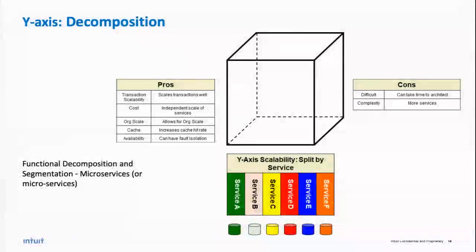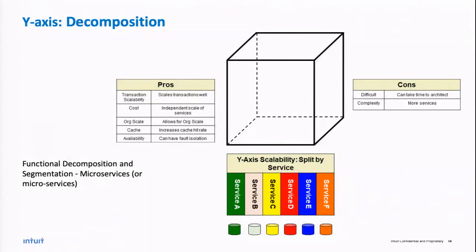So decomposition in the y-axis, we talked about decomposing into multiple microservices. If there are a lot of microservices, then you need to have a lot of teams working on different microservices and maintaining different services, different employees. It's not very cost effective. But it is required if you have a very big system.